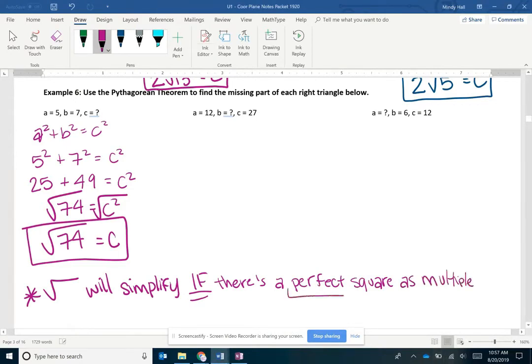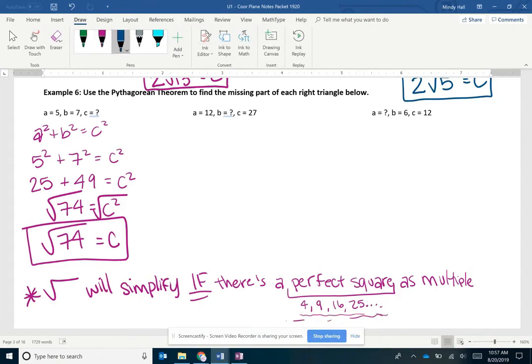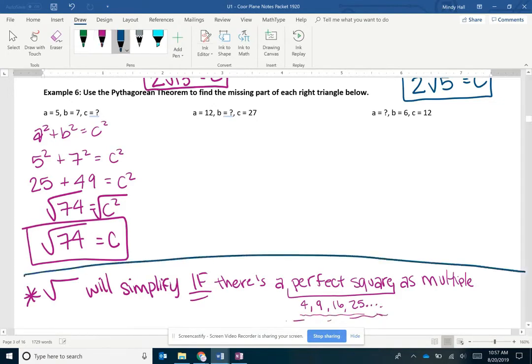So remember, perfect squares are 3 times 3 is 9, 4 times 4 is 16, 5 times 5 is 25, and so on. You understand. If it can be divided by any of these numbers, then you can simplify. Okay, so moving on.